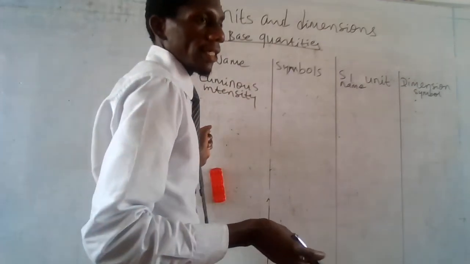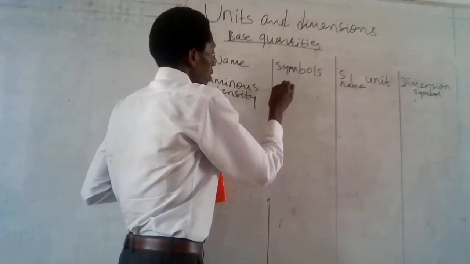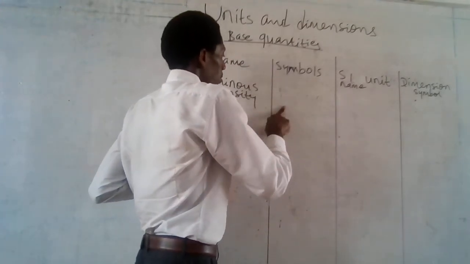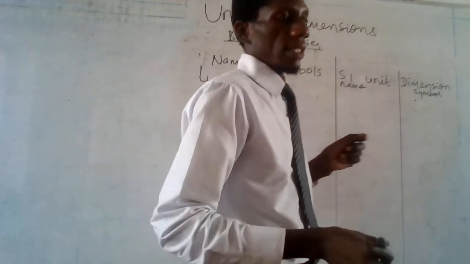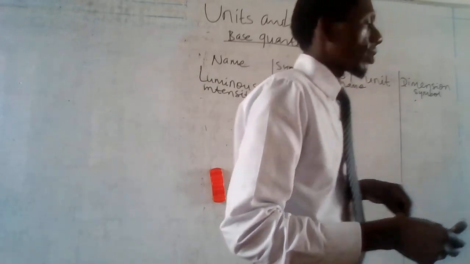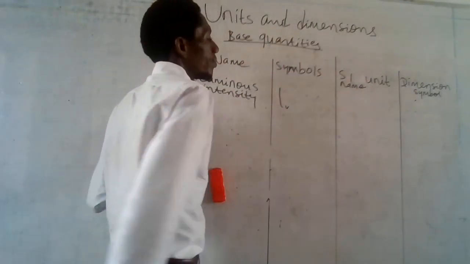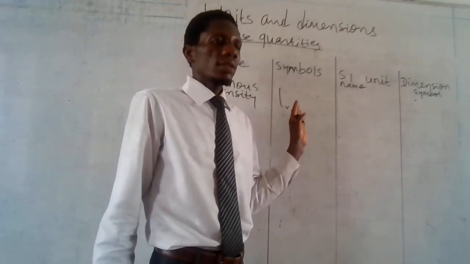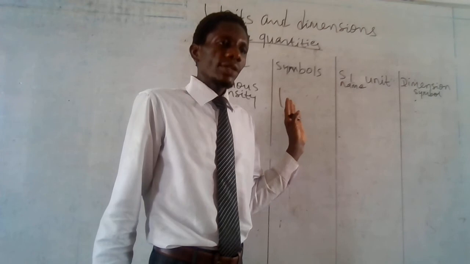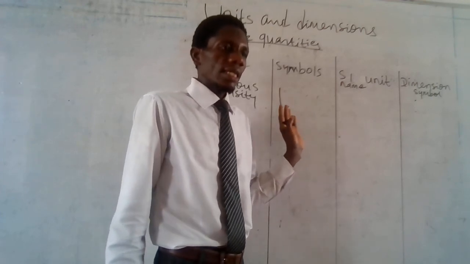Luminous intensity is represented by the letter L with a subscript V, and the SI unit name for luminous intensity is Candela.